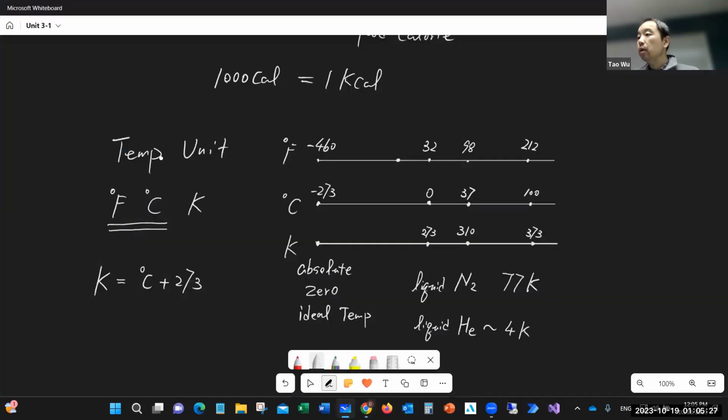So liquid helium gives the lowest temperature generally that we can get here. Liquid nitrogen is 77K, and that's already really cool.